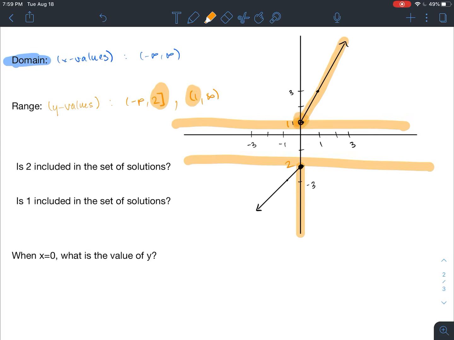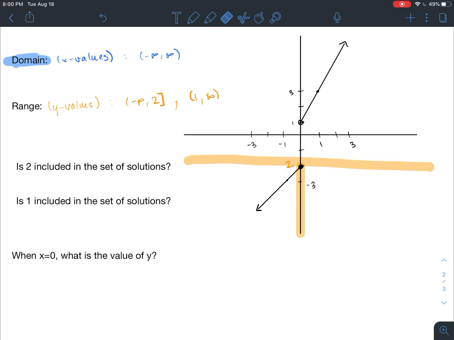Even though it looks like it's at 1, it actually never is at 1. This piece of the function will continually go to 1, but will never actually reach 1. It will infinitely go toward 1, but never actually hit 1.